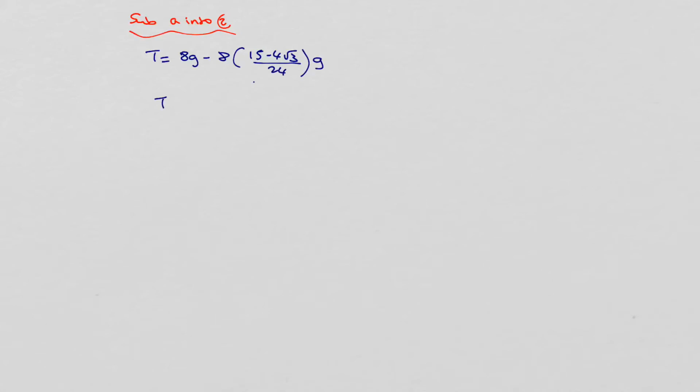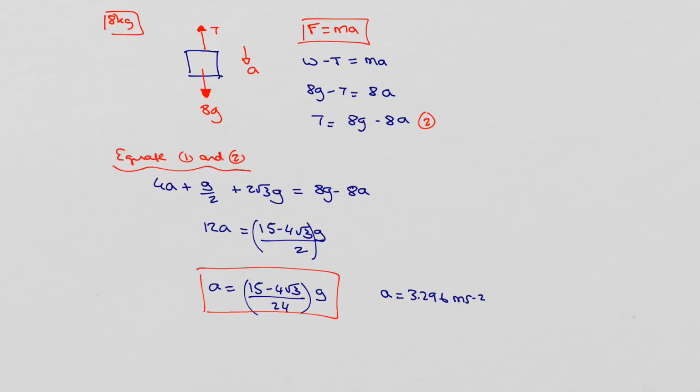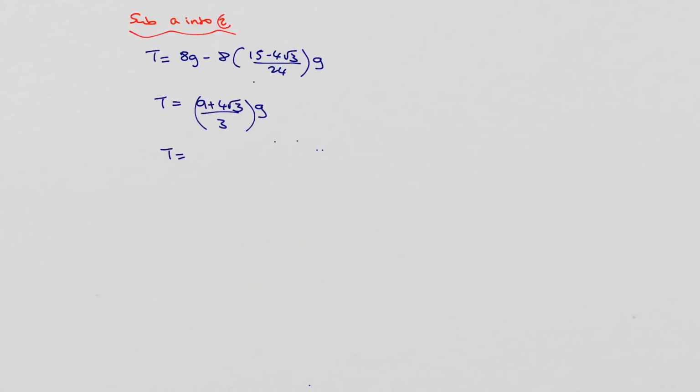If I simplify that, that gives me T is equal to 9 plus 4 root 3 over 3 times g. But of course we want it correct to the nearest whole number, which of course is 52, as they asked us to show.